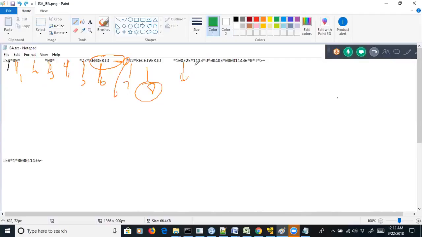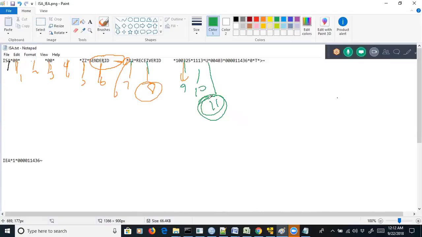Okay. 8, this was 9, and this is now 10, right? 1, 2, 3, 4, 5, 6, 7, 8, 9, 10. Now come to this 11th field. This 11th field indicates the standard that you are using, the EDI standard, right?